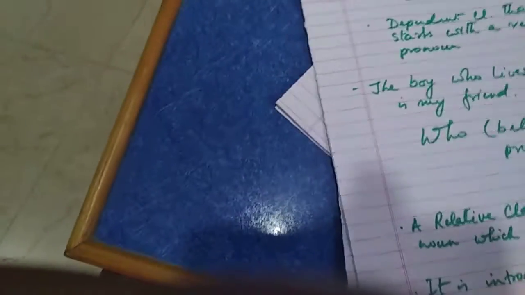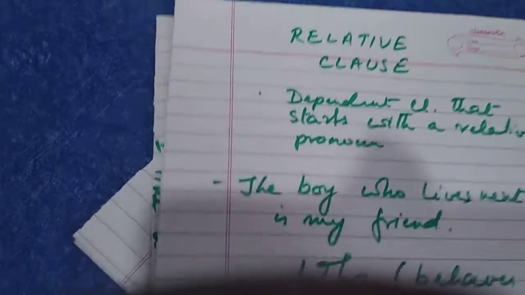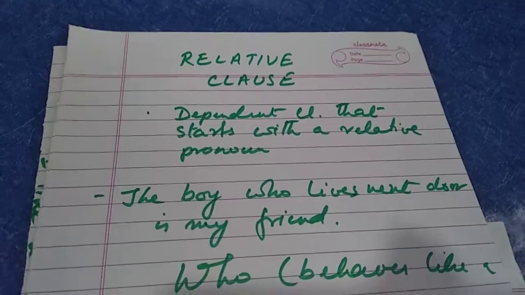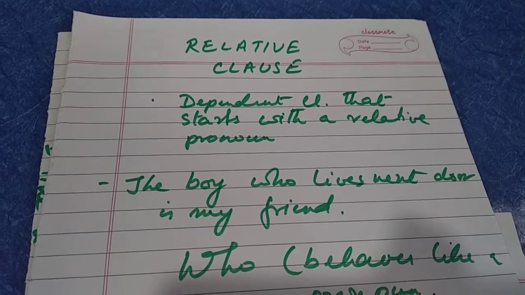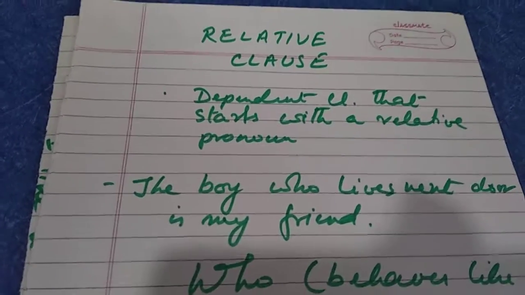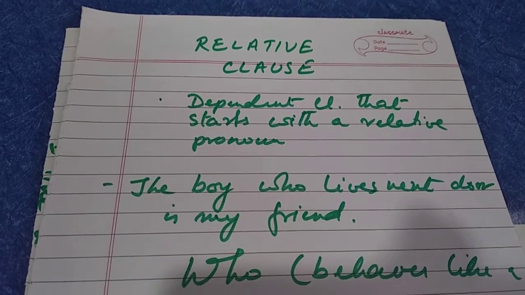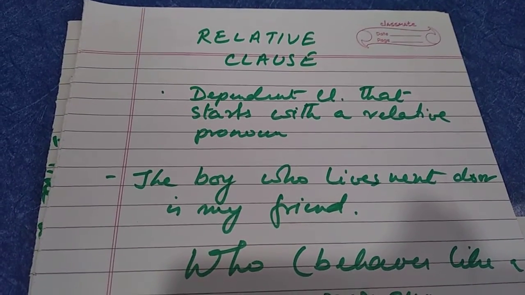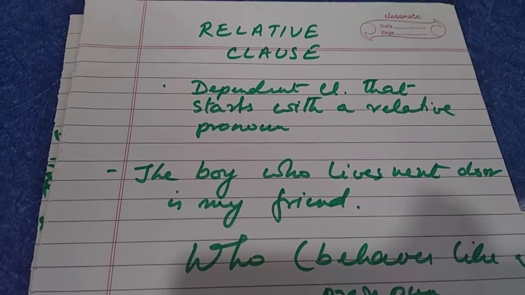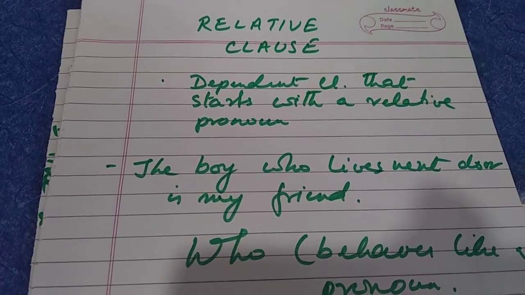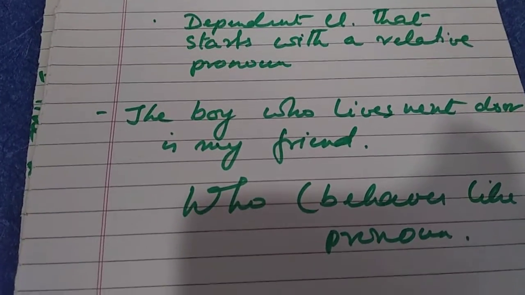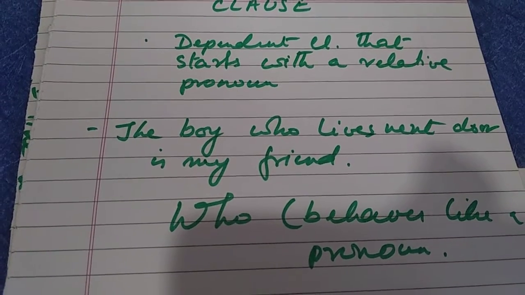Next, look here. We notice that a relative clause is a kind of dependent clause that starts with a relative pronoun. The boy who lives next door is my friend. Now, who here behaves like a pronoun?